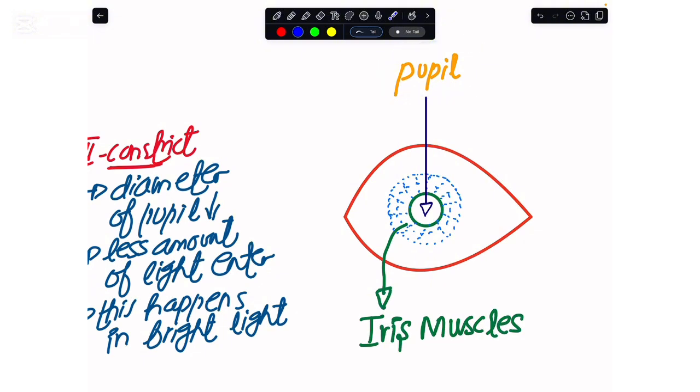I have also told you that the size of the pupil is controlled by the muscles that we have in the second layer of the eye, and that was the iris. So you see that this pupil is clearly aligned by the iris muscles, and the iris contributes to controlling the size of the pupil.